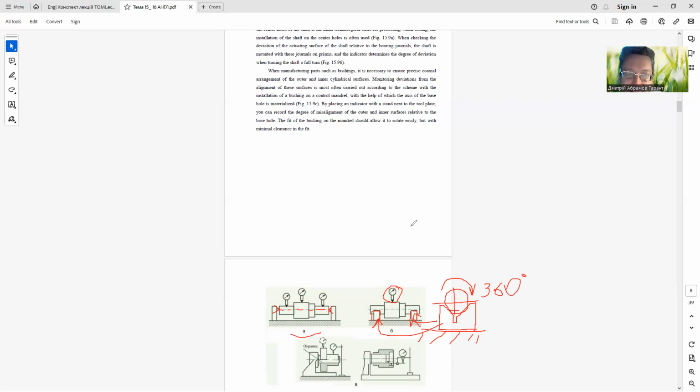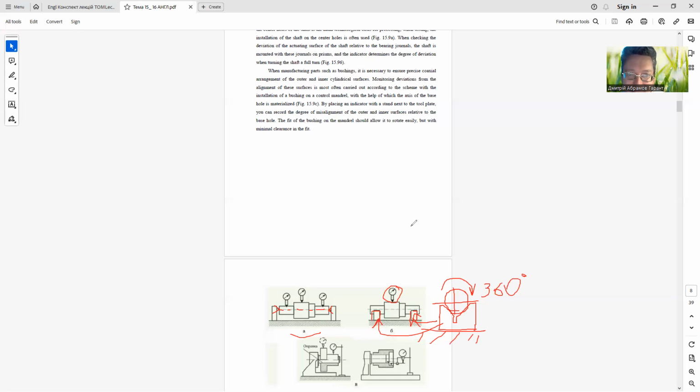When manufacturing parts such as bushings, it is necessary to ensure precise coaxial arrangement of the outer and inner cylindrical surfaces. Monitoring deviations from the alignment of these surfaces is often carried out according to the scheme with the installation of a bushing on a control mandrel, with the help of which the axis of the base hole is materialized.